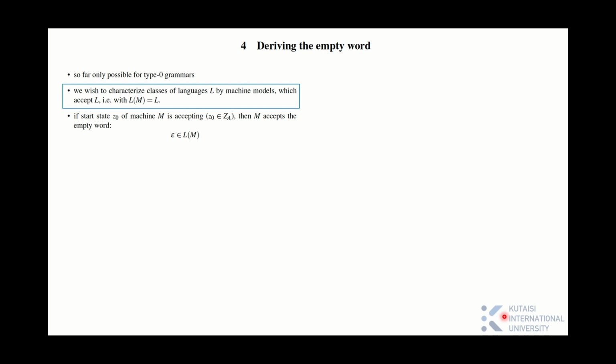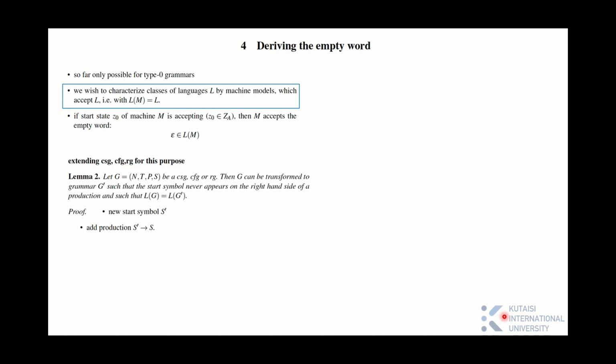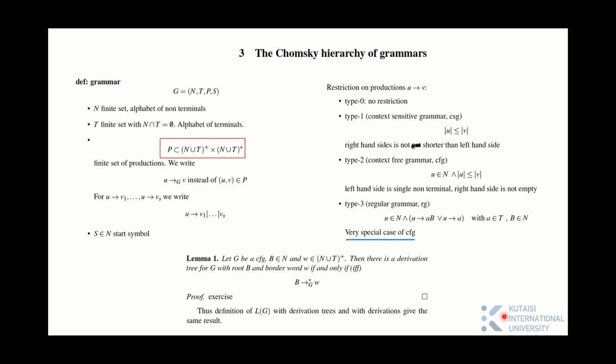And then in the end we said that all these definitions of the grammars ban you from having an empty string. Other than the type 0 grammars, all of them require that the right side is longer or equal to the left side, and the left side cannot be empty by the definition of the grammar.